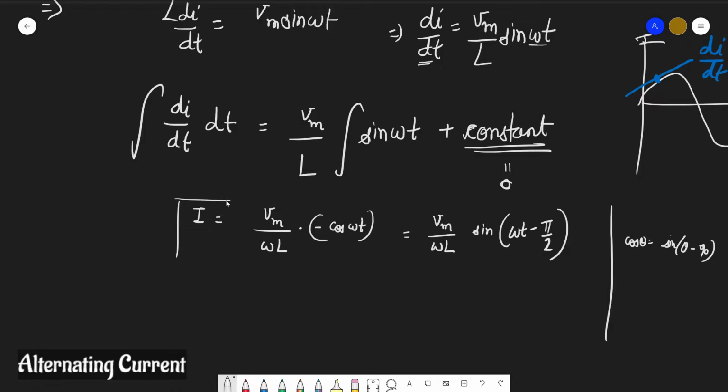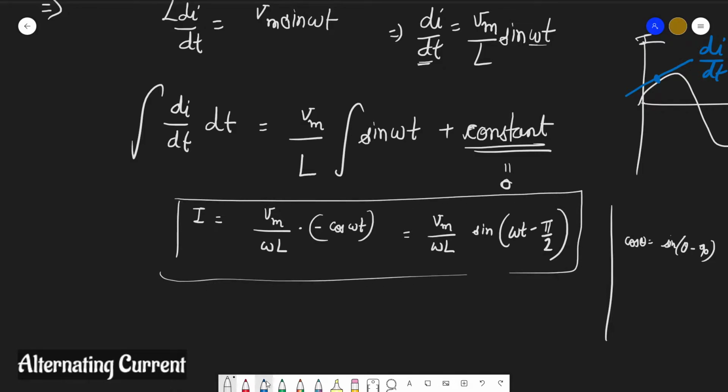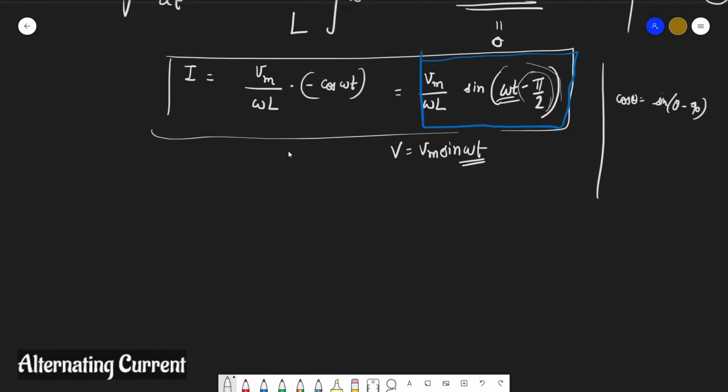If you see this expression particularly, and you see your source or voltage expression, what you observe is that there is a difference of this pi by 2 term. The voltage and current now are not in the same phase, they are in different phase. Before that, in the resistive circuit, we saw I equal to Vm by R sine omega t, where voltage was Vm sine omega t.